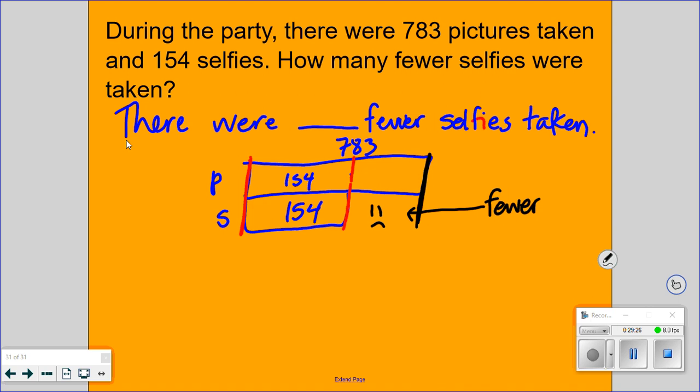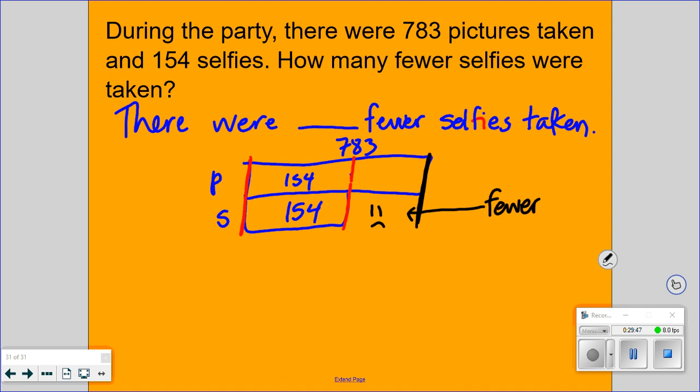Now the second tricky part. What math equation matches how I can figure it out? Jordan? 154.